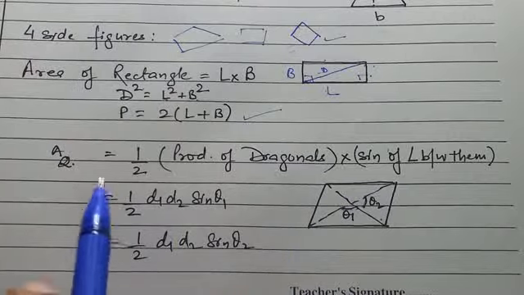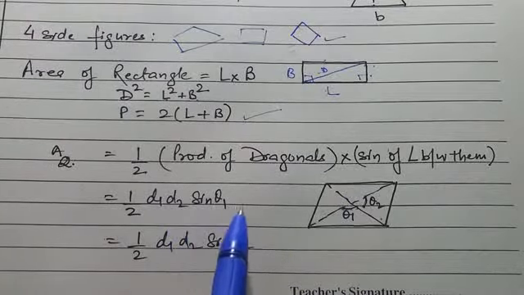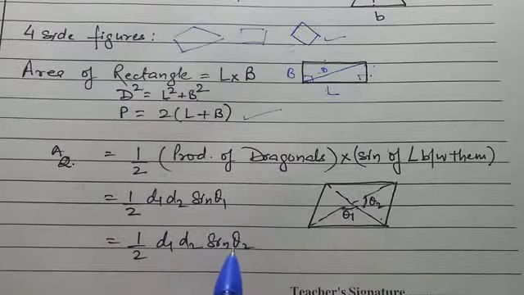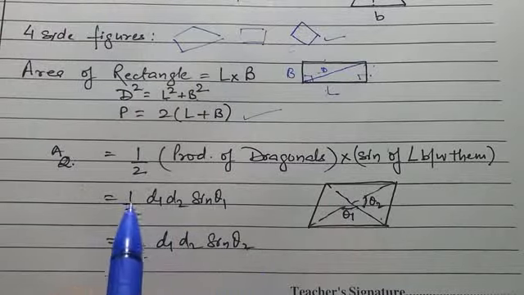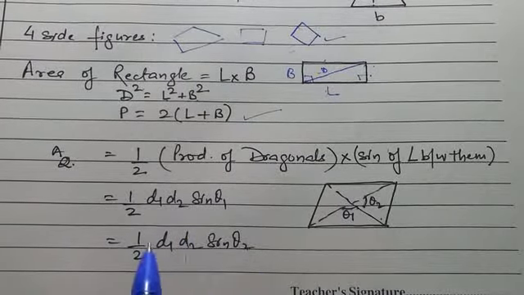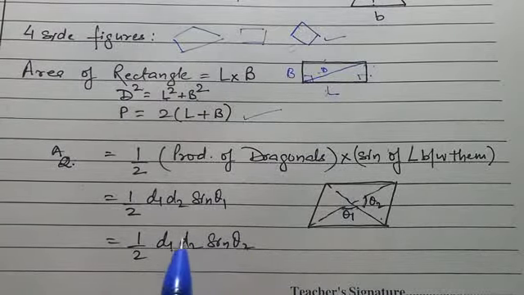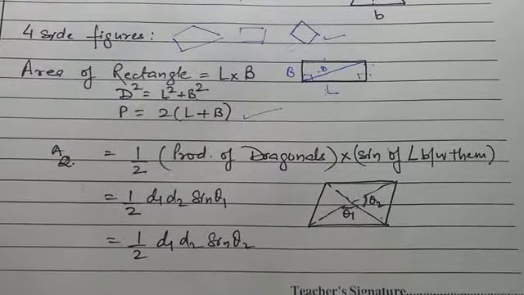So my area will be half D1 D2 sine theta 1, or half D1 D2 sine of 180 minus theta 1, that is equal to theta 2, and sine of 180 minus theta is equal to sine theta. So it is half D1 D2 sine theta 1 or half D1 D2 sine theta 2. This is the area of a particular quadrilateral. So we need to remember all these things.